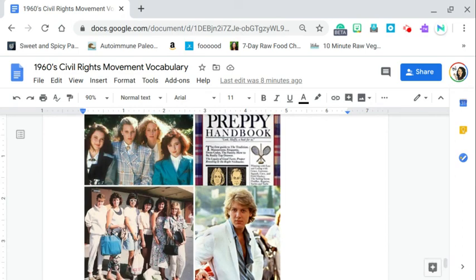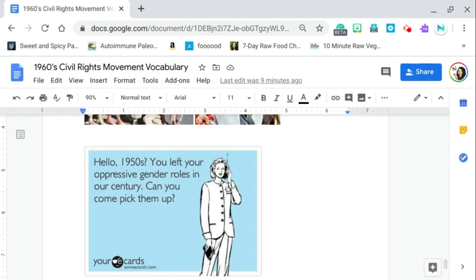And in the 80s, you see women working. Interestingly, if you look at their fashion, they have big shoulder pads, and their fashion was for them to look more masculine. So you have here, hello, 1950s Cole, you left your oppressive gender roles in our century.